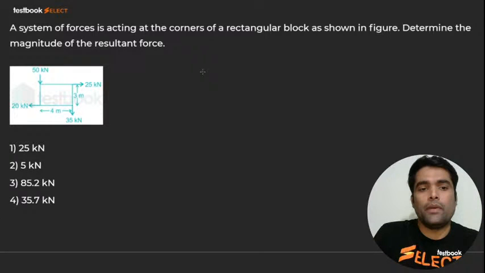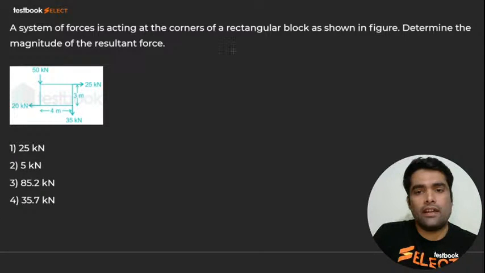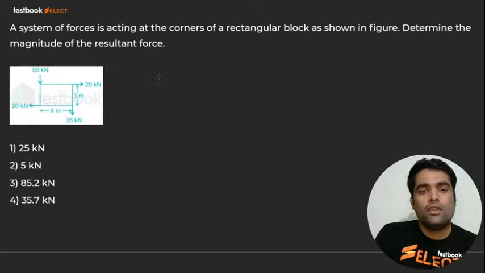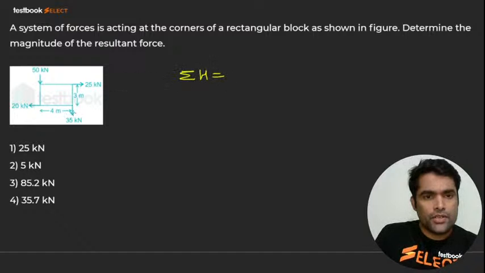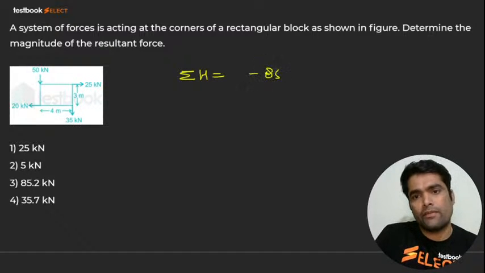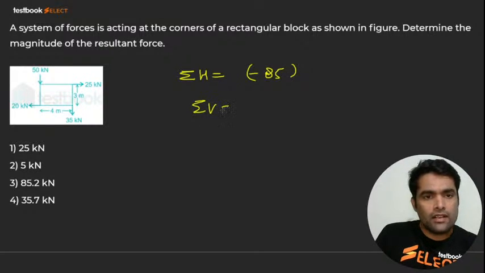We have to find out the resultant of the forces on the rectangular box shown. If I do the horizontal summation, it is minus 35 minus 50, that is minus 85. If I do the vertical summation, I get 25 minus 20, that is 5.